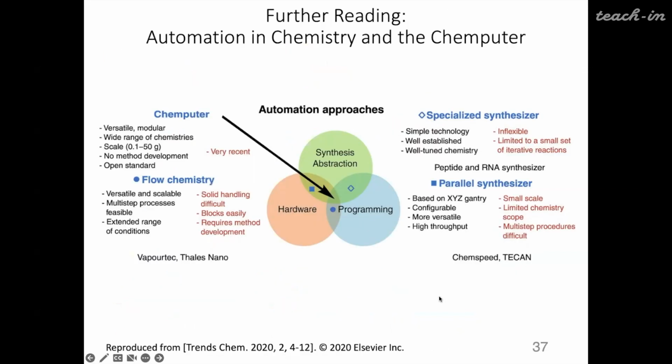There is a review that I can suggest on the topic of automation in chemistry, in which several related fields are discussed, like flow chemistry and specialized synthesizers, etc.